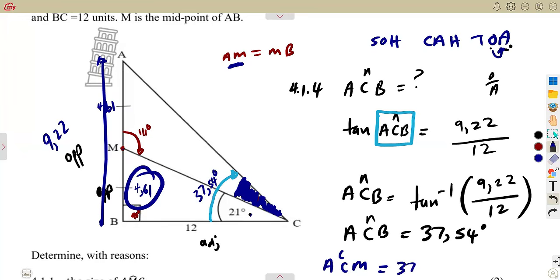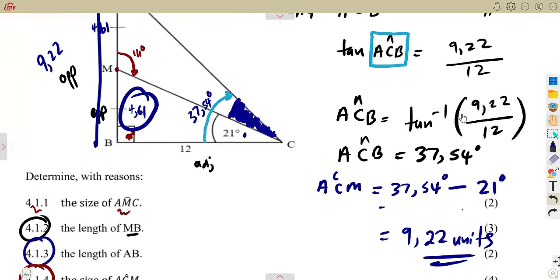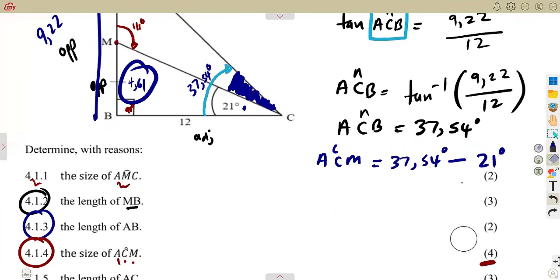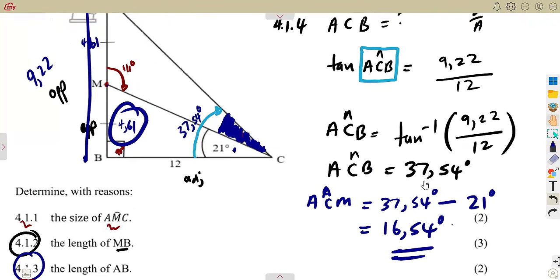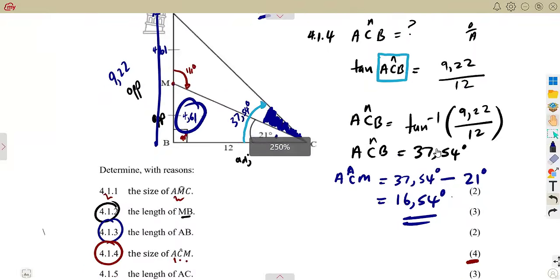So you subtract the 21 degrees, and you're going to obtain the angle ACM, which was going to be 16.54 degrees to 2 decimal places. So that's for 4 marks. It actually deserves these 4 marks, guys.